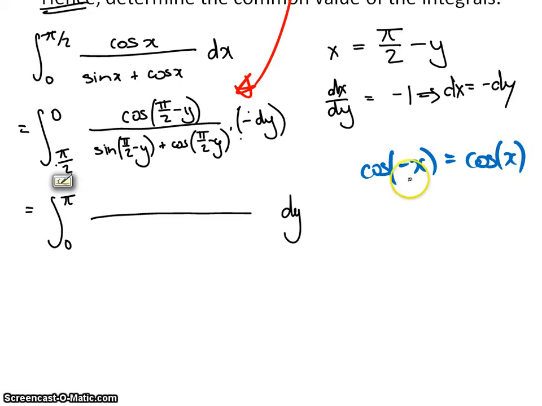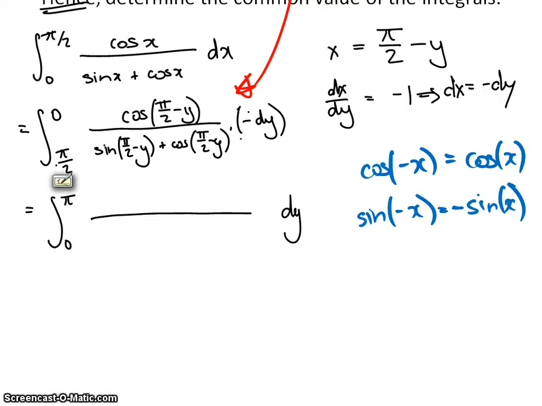That is, the cosine function is symmetric around the y-axis. Whereas, if I have a negative argument for sine, I can pull the negative sign out the front, so sine of negative x is equal to negative sine of x, making sine what we call an odd function. So we're going to make use of both of these facts.